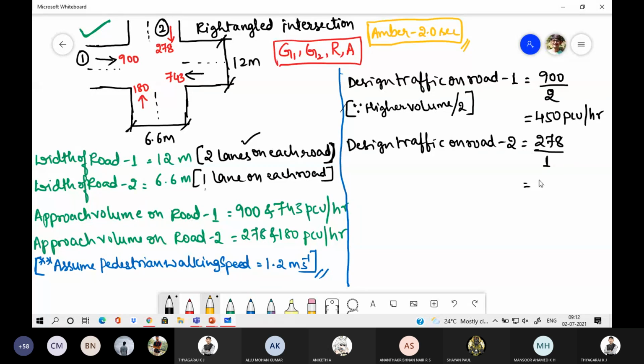So it is equal to 278 PCU per hour. So this will be the design traffic we have to consider. Design traffic means the maximum number of vehicles on the road. That is 900, and since it is having 2 lanes each, we are dividing it by 2. Since road 2 is having only 1 lane, we will be dividing it by 1.